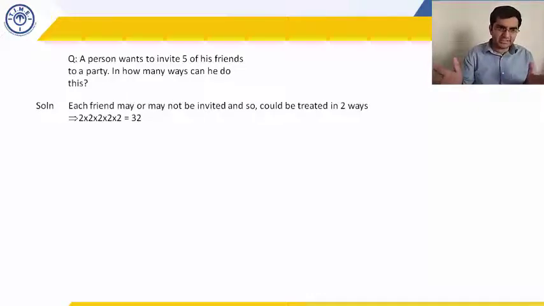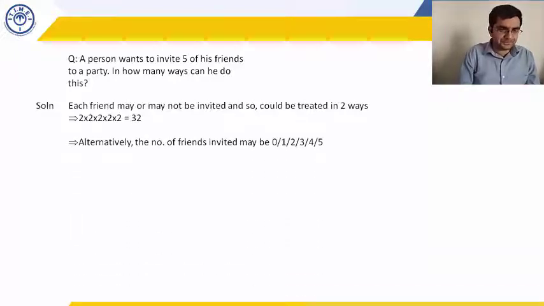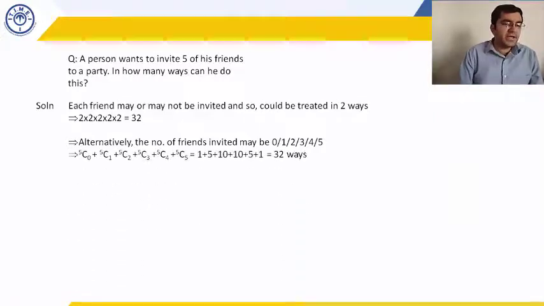And all of these are dependent cases. Either he will invite no friend, or one friend, or 2 friends, or 3 friends, or 4 friends, or 5 friends. What is the word? Or. So number of friends invited may be 0 or 1 or 2 or 3 or 4 or 5.